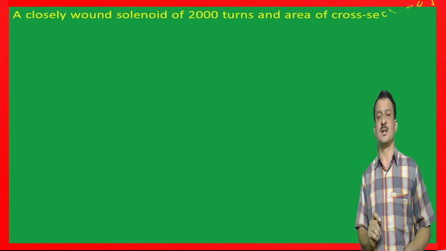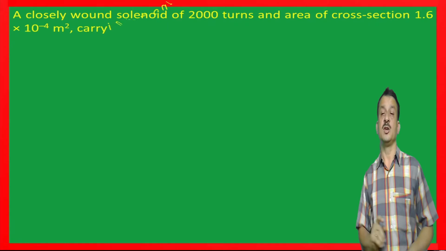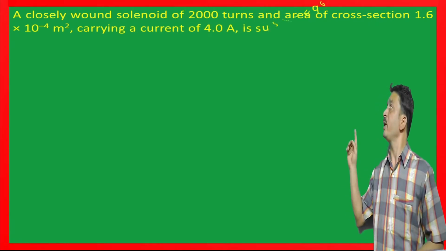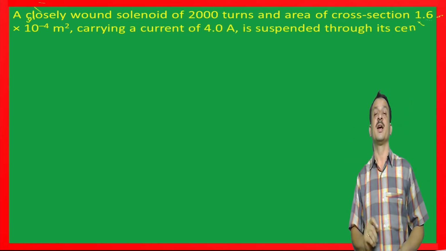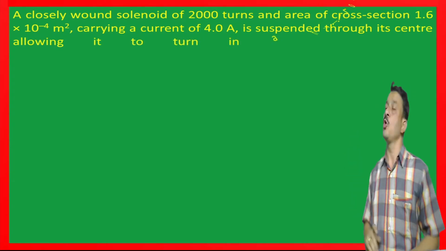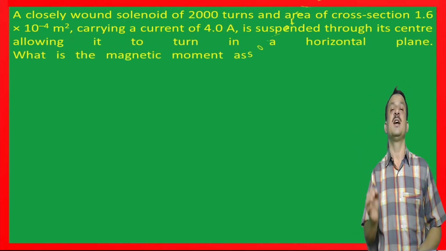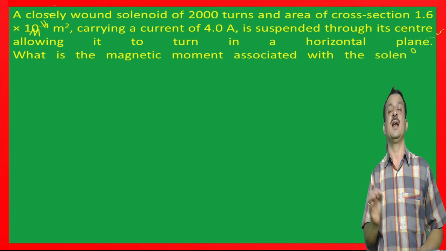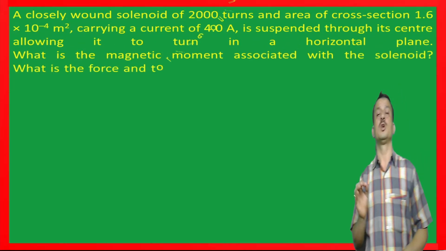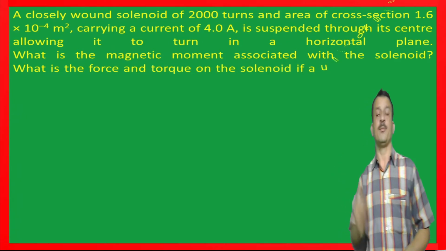A closely wound solenoid of 2000 turns and area of cross section 1.6 into 10 to the power of minus 4 meter square, carrying a current of 4 amps, is suspended through its center, allowing it to turn in a horizontal plane.